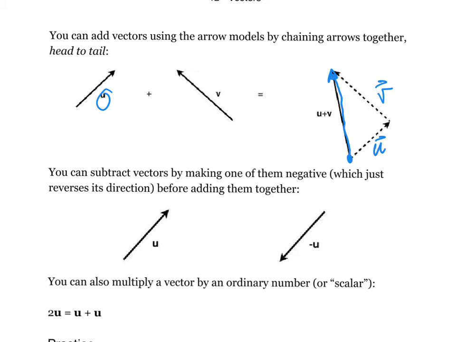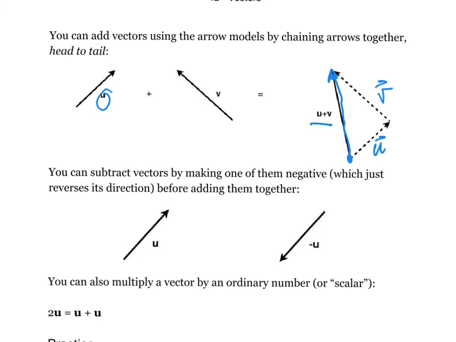The length of this vector has to go from the beginning to just the end and no farther. And it has to have an arrowhead that shows you that you're going from here to here. That vector we can label as u plus v. So that's the vector that's equal to u plus v.